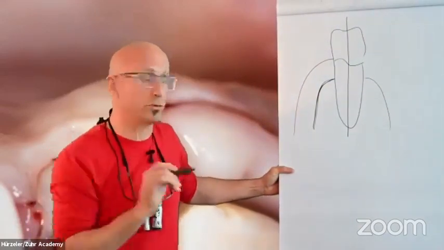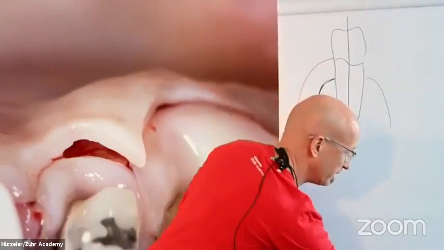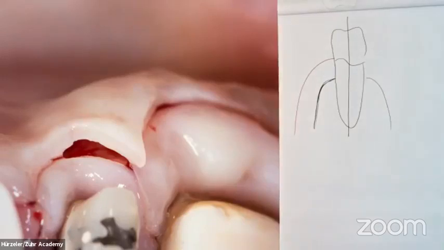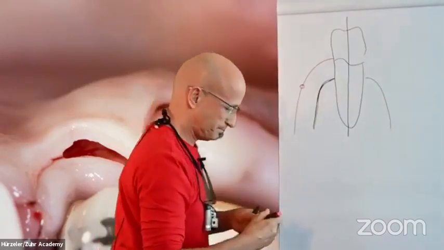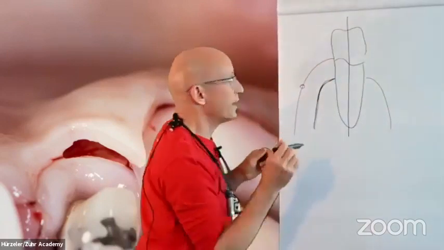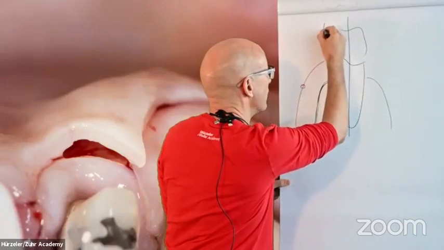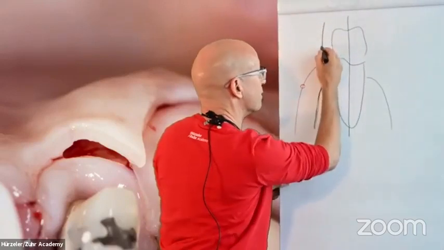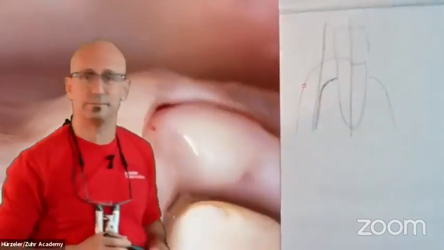So you are going to do an incision where you prepare, let me also mark the mucogingival junction here. So you may do that: you go and try to be a little bit paramarginal and split here.